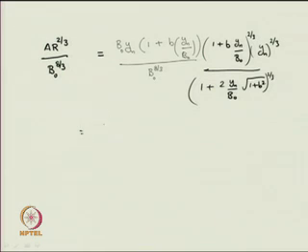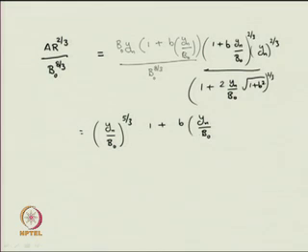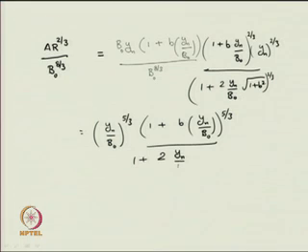So, this is nothing but y n by b naught whole to the power of 5 by 3, 1 plus m into y n by b naught whole to the power of 5 by 3, by 1 plus 2 y n by b naught root of 1 plus m square whole to the power of 2 by 3.